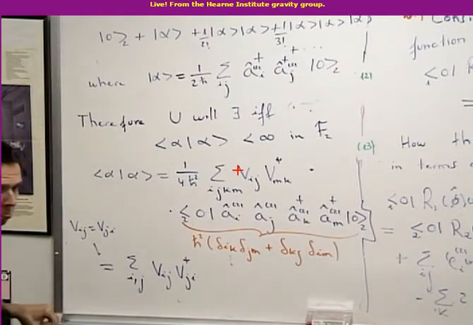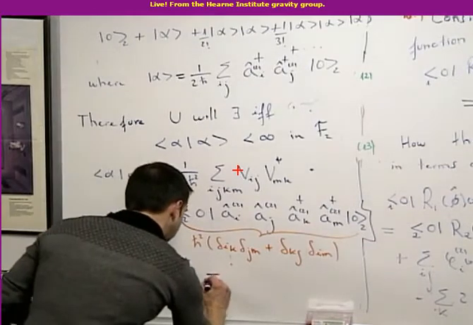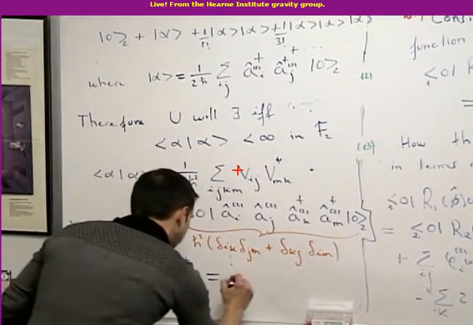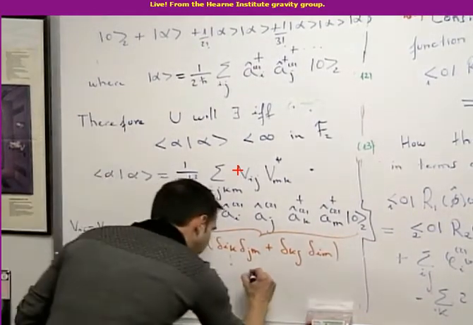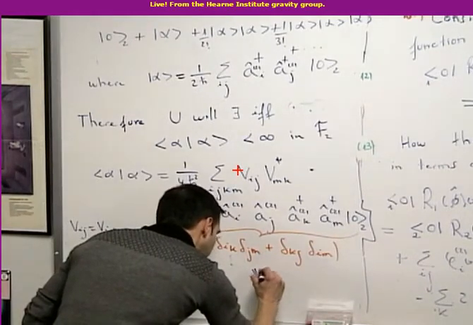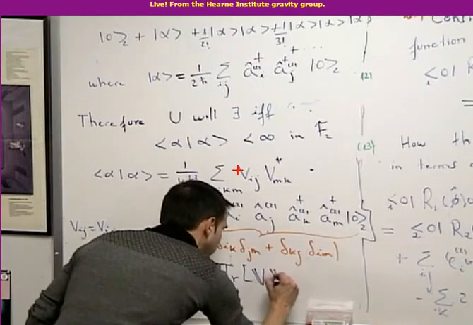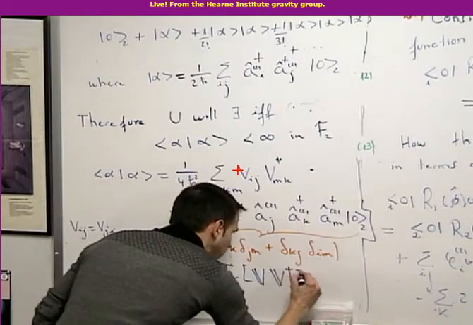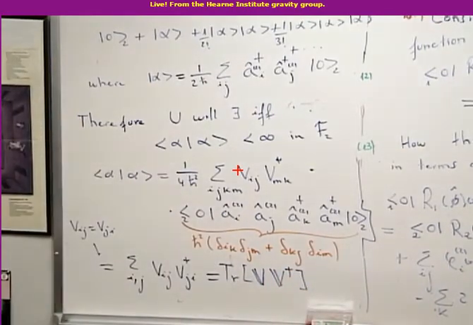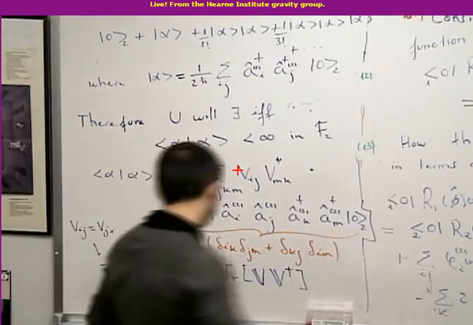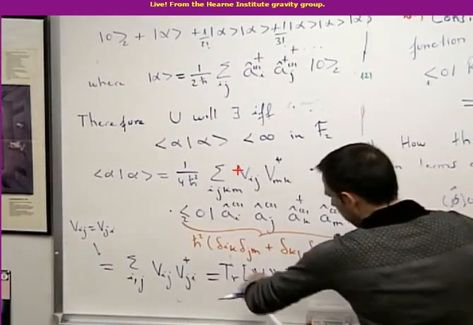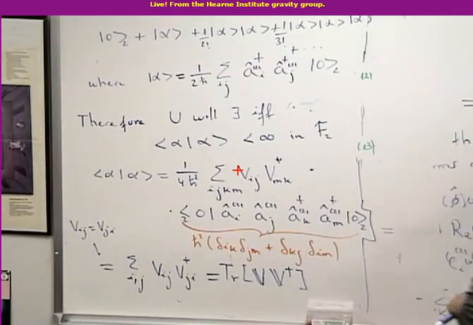Right? Now I can write this in a matrix form. And now I'm going to write the V matrix, just because this is the trace of V times V hermitian conjugated. Just writing the same in a matrix form, which is maybe more illuminating.